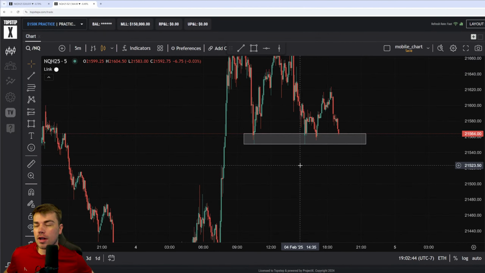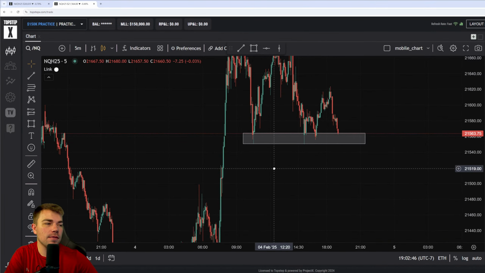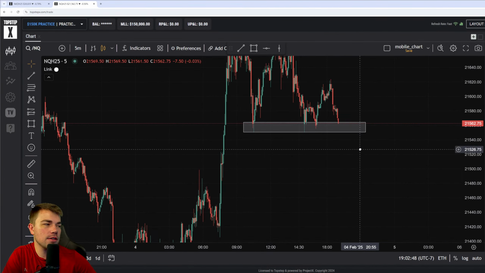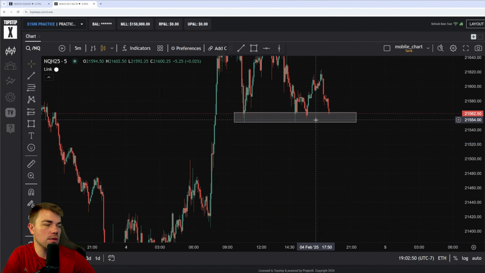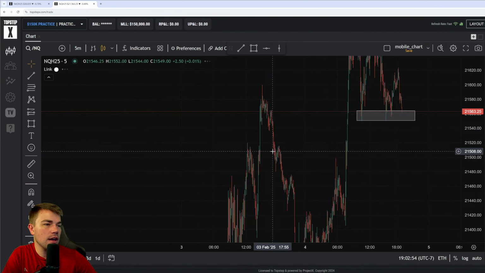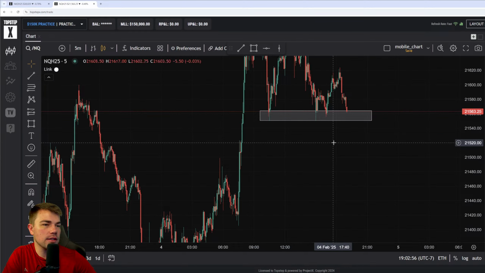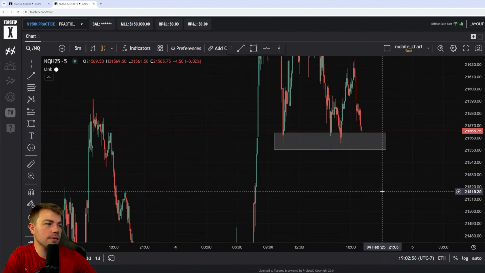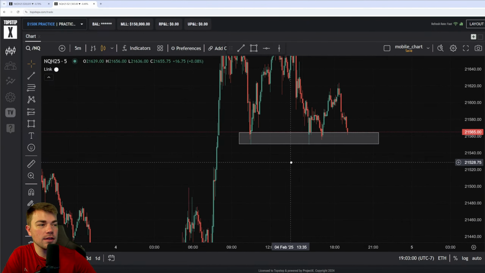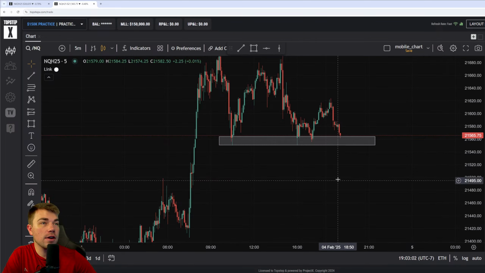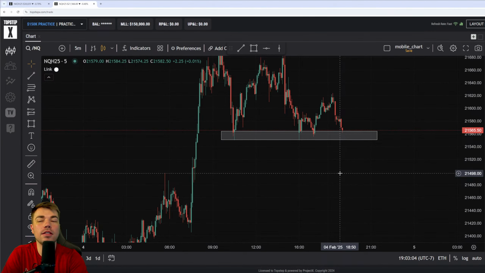Starting to look like a short on the Nasdaq, to be honest, everybody. If we can't hold this level, if we can't hold these 50s, do we see a continuation down? Possibly. I mean, support has not been very supportive overnights. I learned that last night.